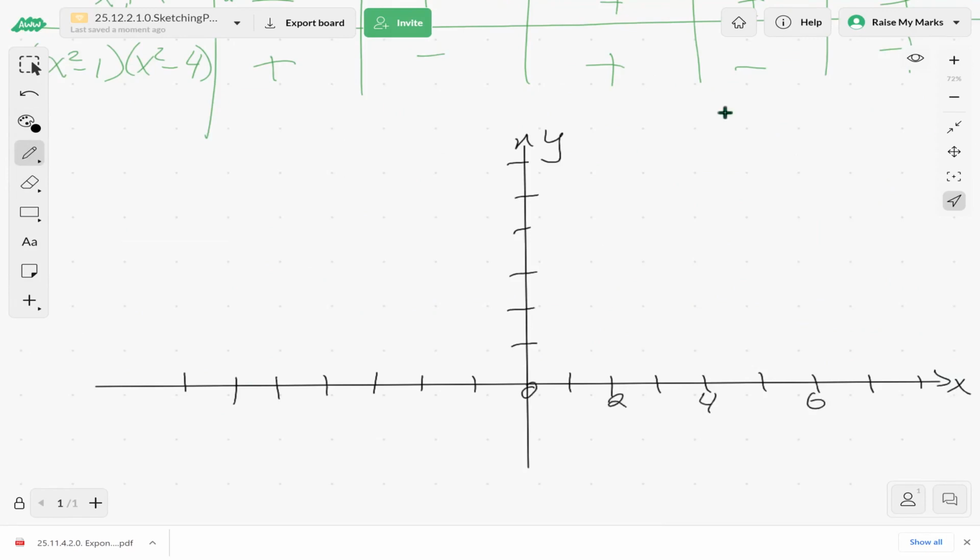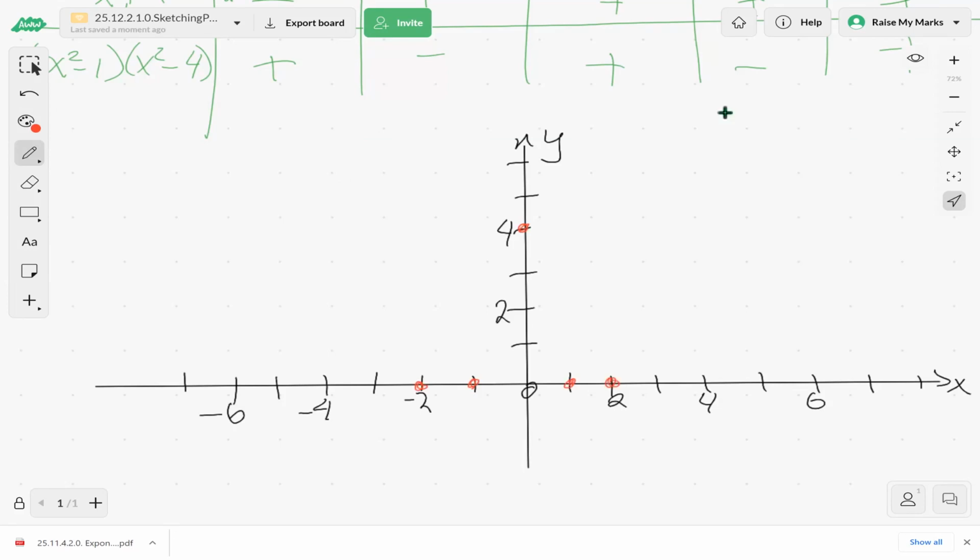Okay. And our y-intercept is 4. Our x-intercepts are negative 1, negative 2, 1, and 2.